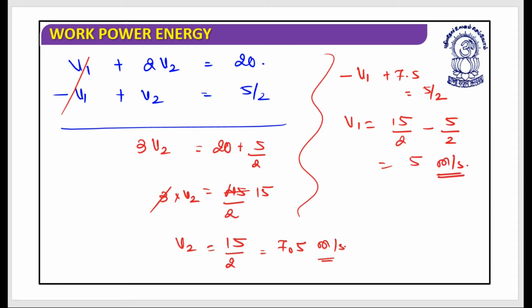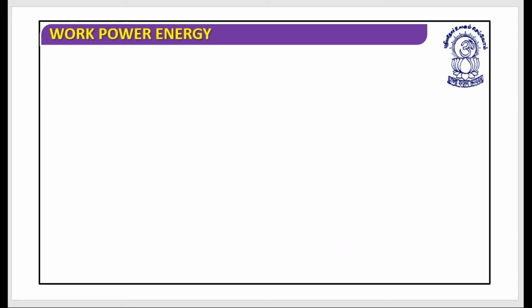I hope this is clear. Was it clear? Are you sure? So v1 has been found, v2 has been found, and yes, you did it. Great. Is it clear? Okay, great.